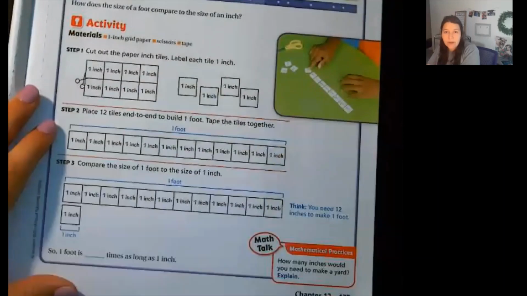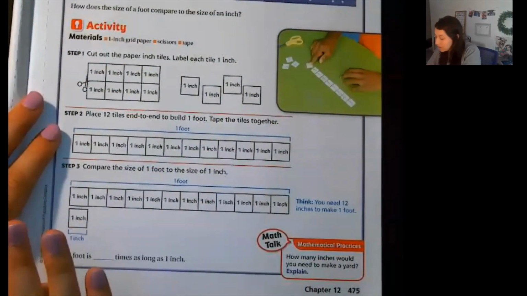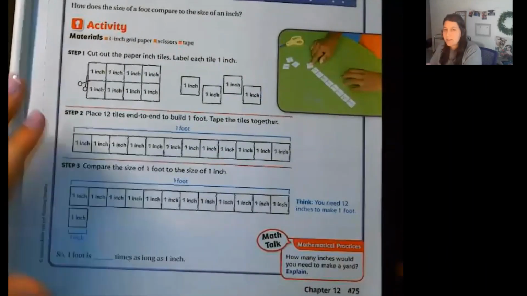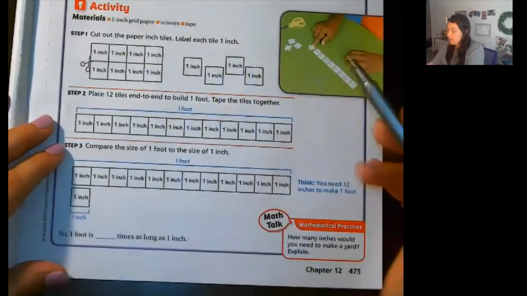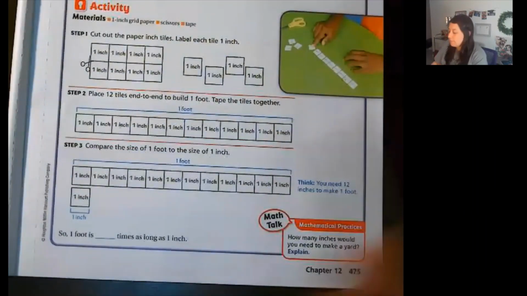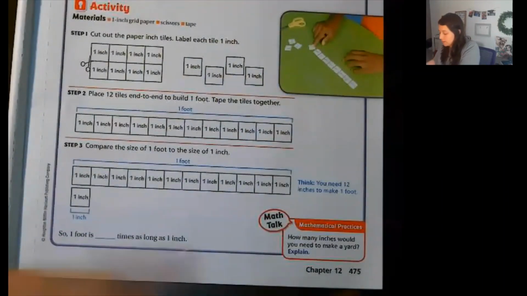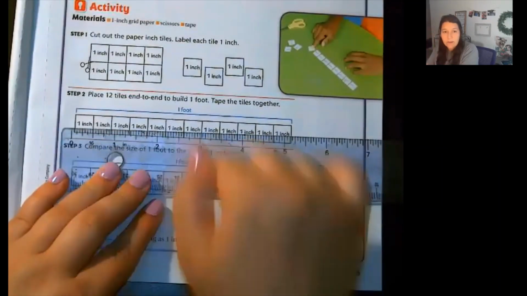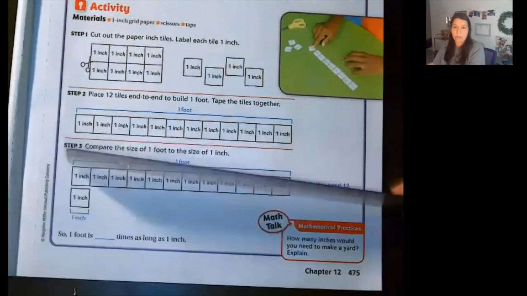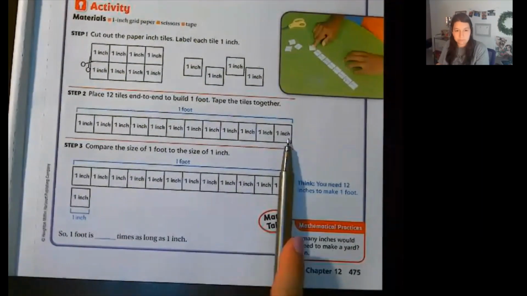Now, I'm not going to have you cut out all these little shapes because your parents probably don't want little tiny shapes all over their house, and we can use the tiles that are already here on our paper. Okay, so as we just talked about, if we laid 12 1-inch tiles, so if I was to take my ruler and measure an inch, and cut out papers for every single one of those inches, and we put them side by side by side, we would get 1 foot.